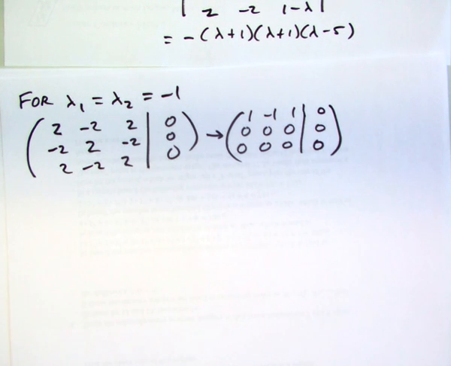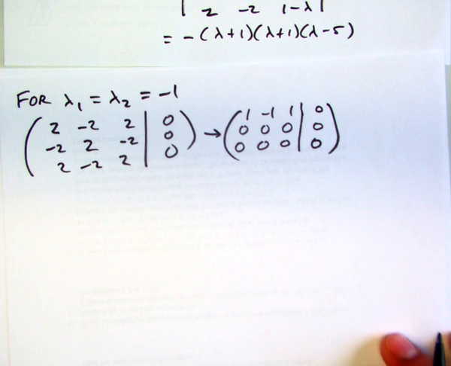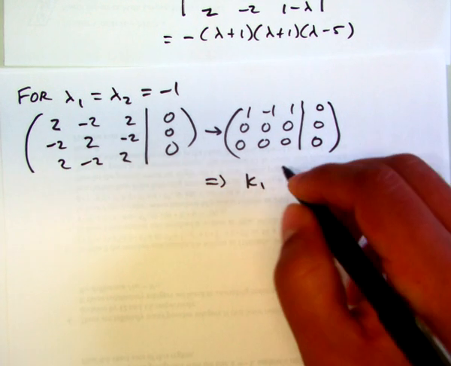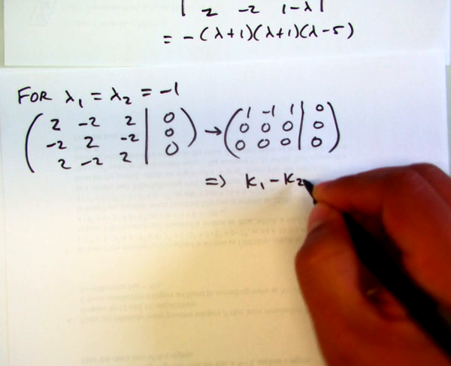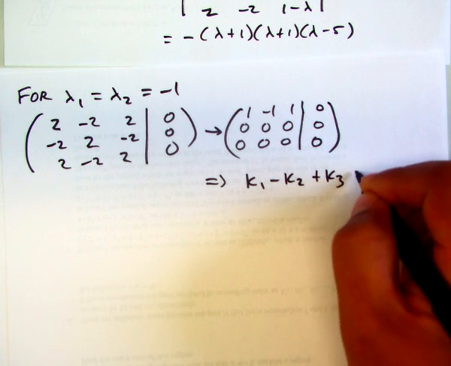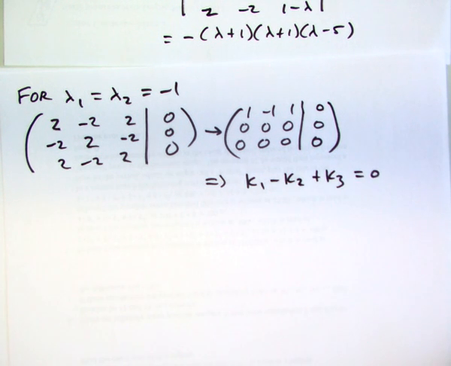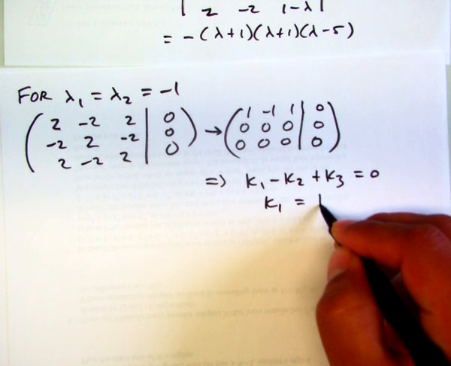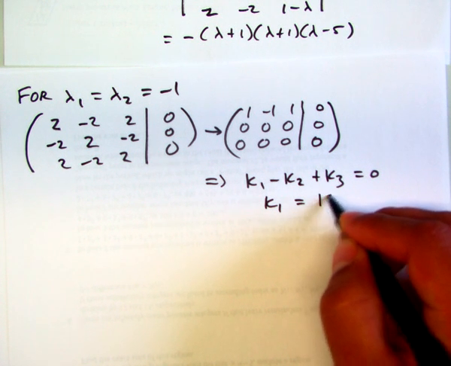Okay, so what does this tell us? This tells us that K1 minus K2 plus K3 has to equal 0. Or in other words, we could say K1 has to be K2 minus K3.